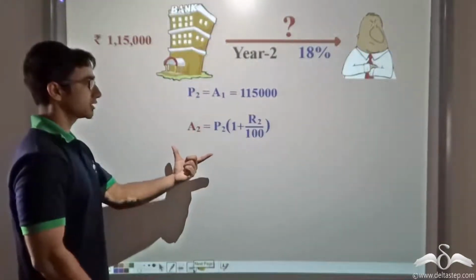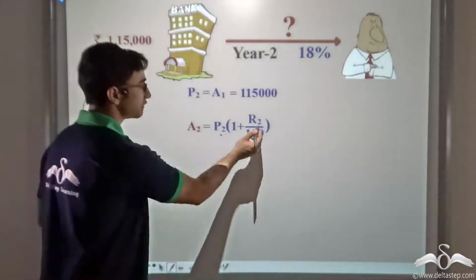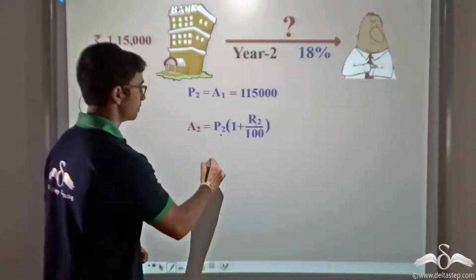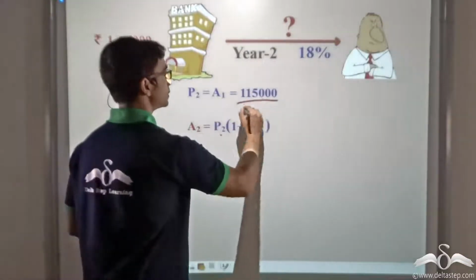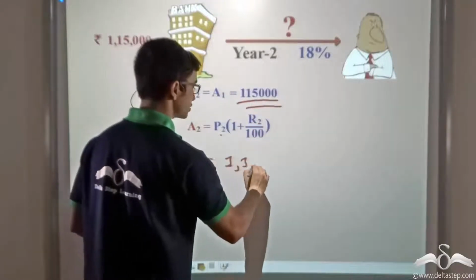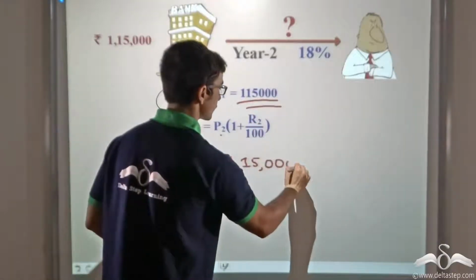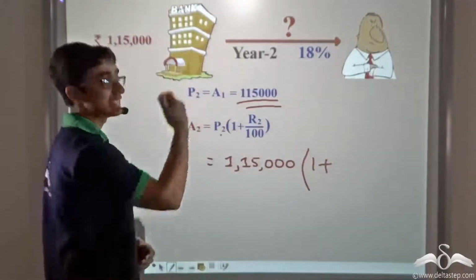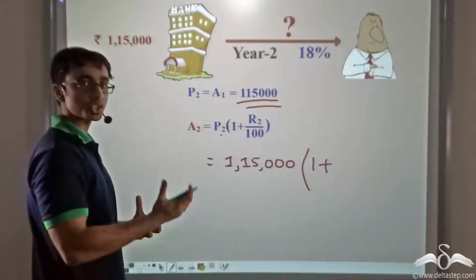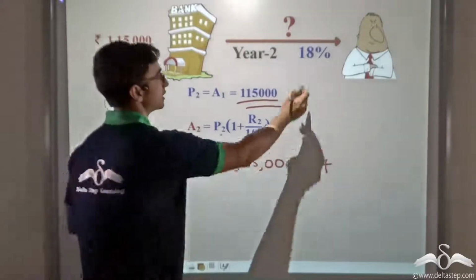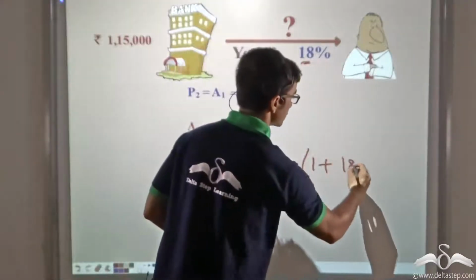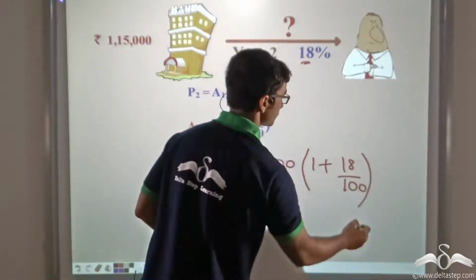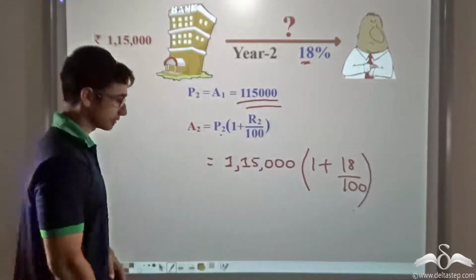In this equation, it is a matter of simply putting the values which we already know. P2 is nothing but A1, which is equal to 1,15,000. And R2 has been given to us as 18%. That is the rate of interest offered by the bank to Sudhir in the second year.